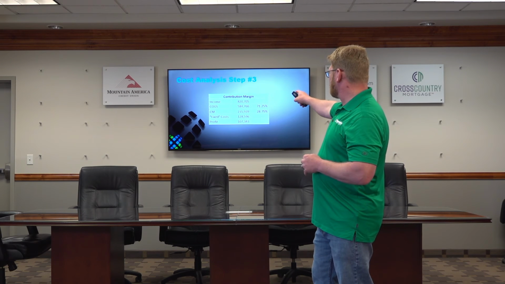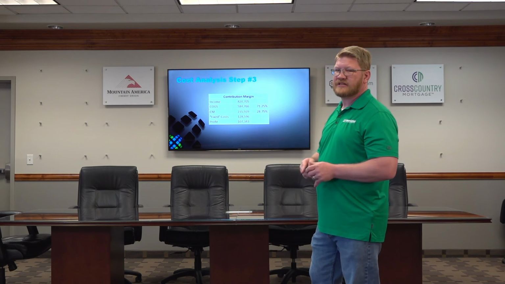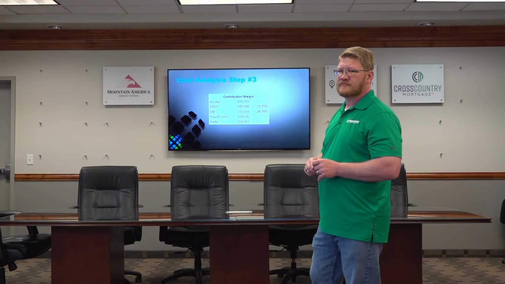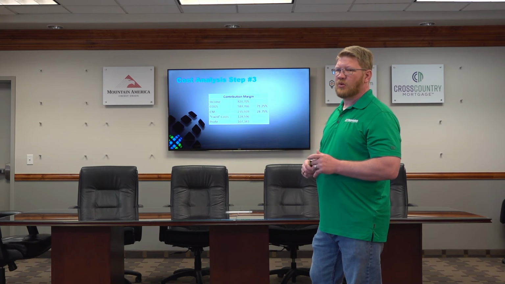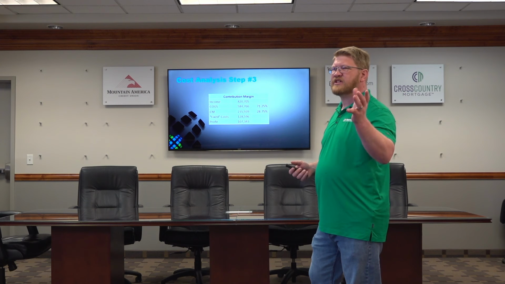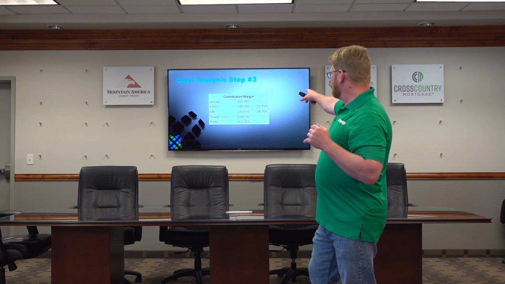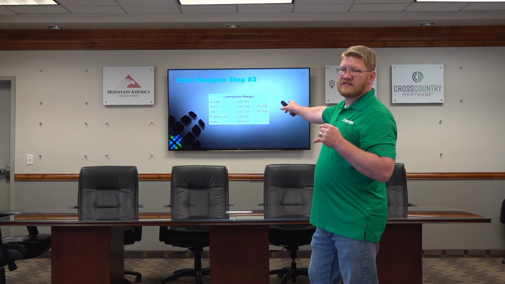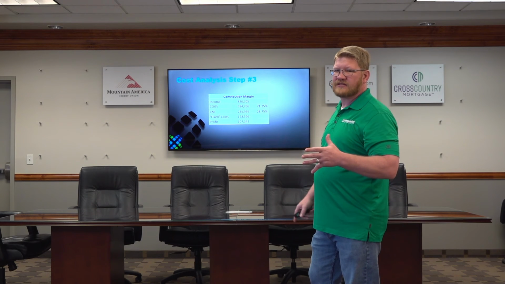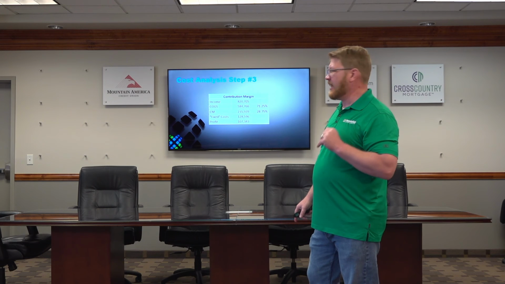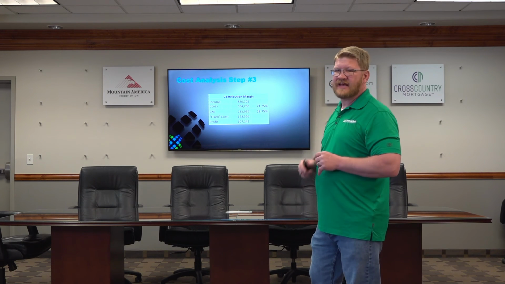Then we have the contribution margin, which is 28.75%. So what this tells us is that for every dollar of income that comes in, 71 cents goes toward covering costs. And that leaves us with 28 cents.